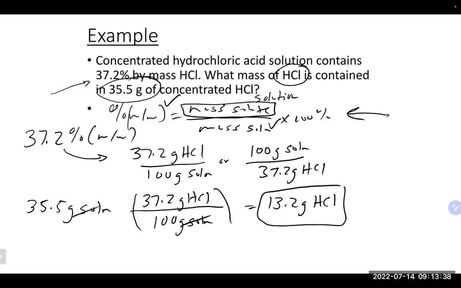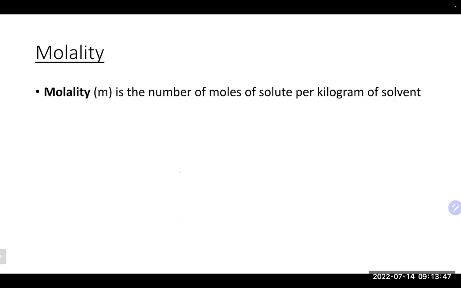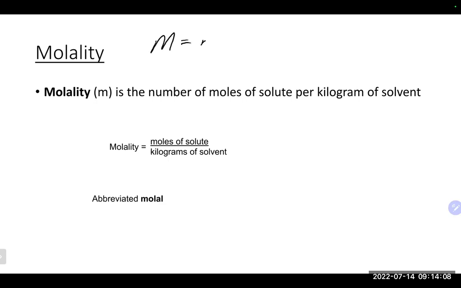All right, another concentration unit that we come across, and we will see it later on in one of the last chapters we talk about, is molality. Molality is little m, so not mass when you see the little m in this situation, and it should not be confused with what we were talking about earlier, which is big M, which is molarity.